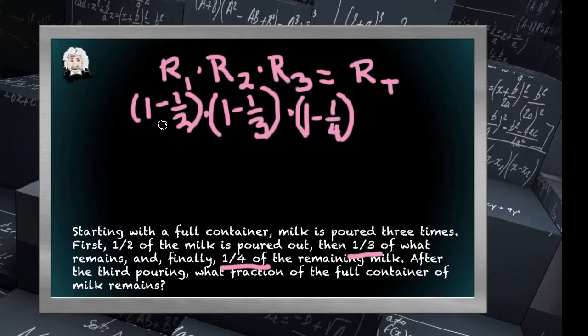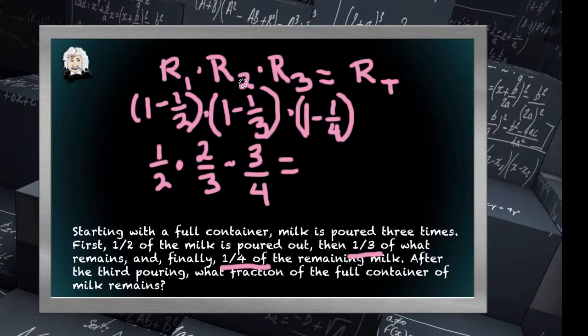So essentially, calculating each of the values in parentheses, 1 minus 1/2 is 1/2, times 1 minus 1/3 is 2/3, the remaining fraction after the second pouring, times 1 minus 1/4 is 3/4.